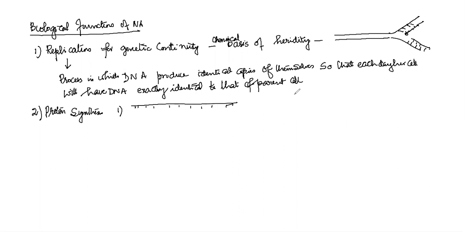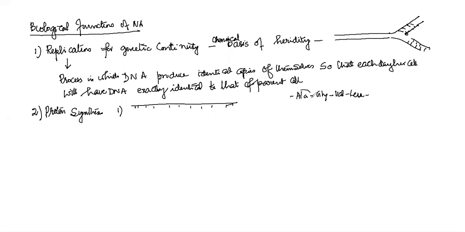We have already seen what is meant by protein structure. That is ALA, GLY, VAL, LEU. So this is the structure of protein, one after the other, to be arranged.